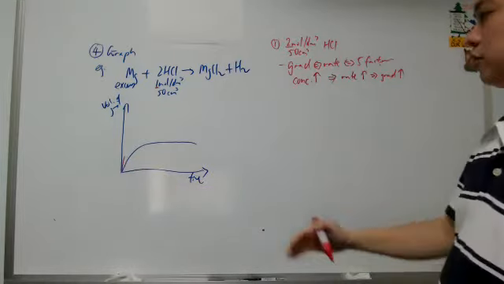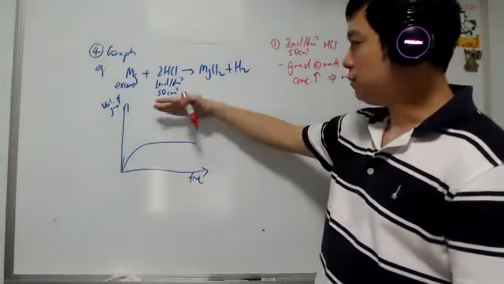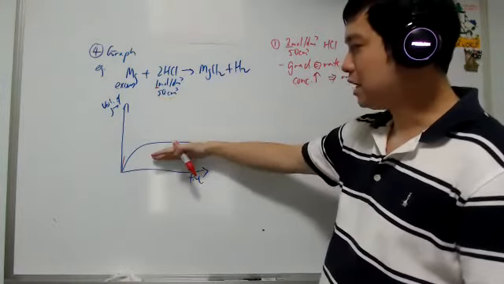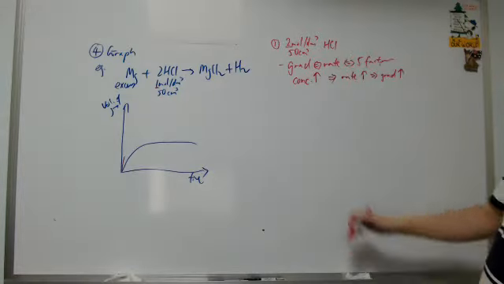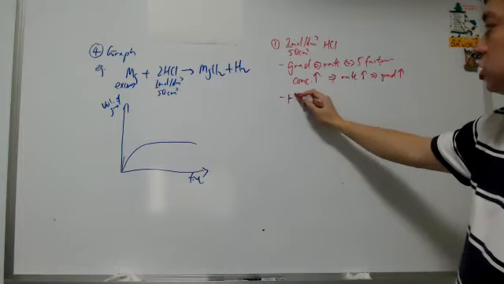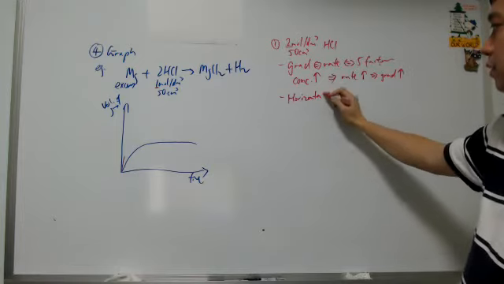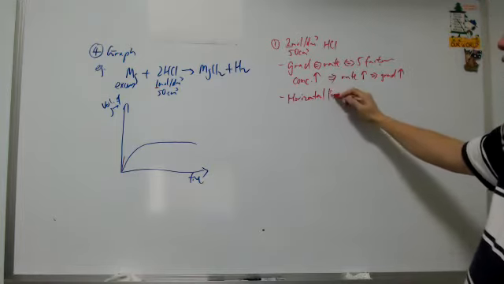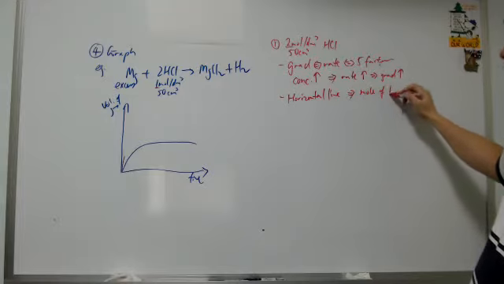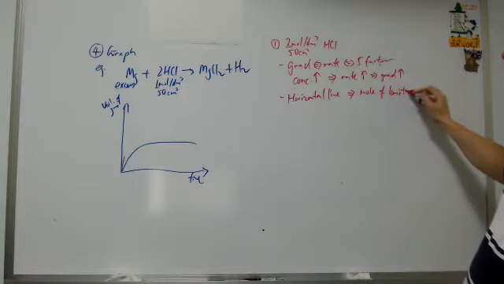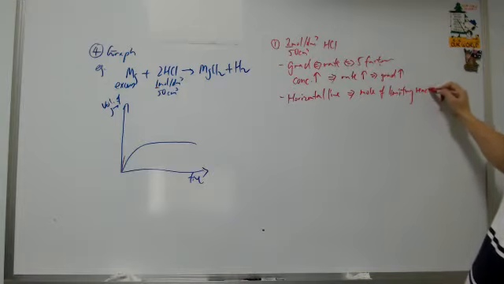The second part of the graph is where the horizontal line should be. Should it be higher, same, or less? If higher, how much higher? If lower, how much lower? The horizontal line position depends on the mole of limiting reactant. Why?